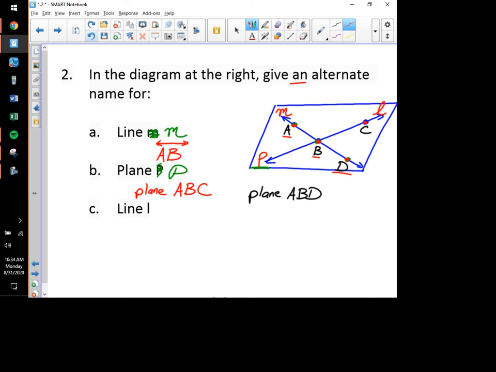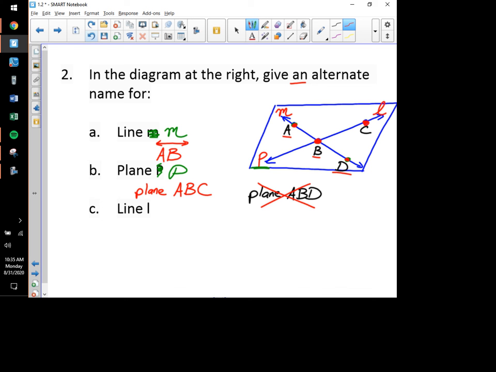Think about trying to sit in a stool that had 3 legs, but all of those legs were collinear, all in line with one another, A, B, and D. That stool would topple over immediately. But if the 3 legs of the stool were non-collinear, such as A and B and C, you'd have some stability right there. So we couldn't do A, B, E because those 3 points are collinear.